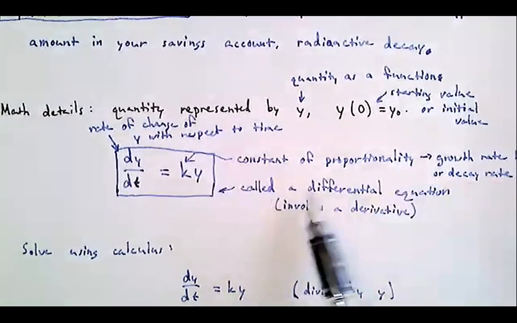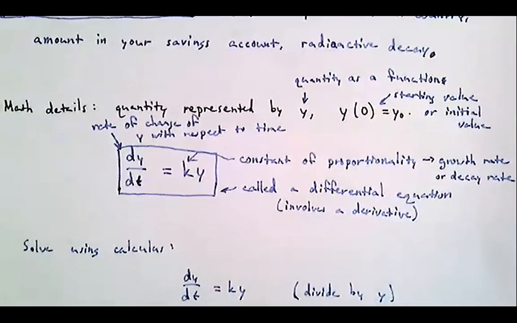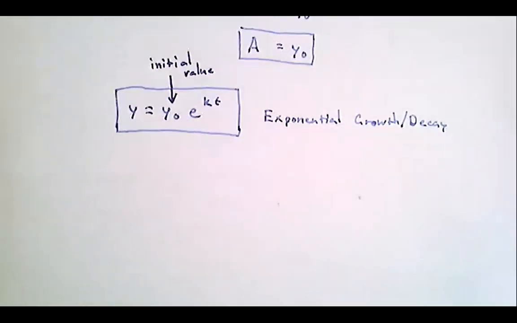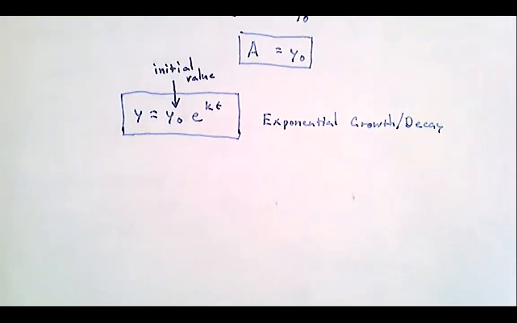So k is the constant of proportionality. Okay, so that's the math behind what we're doing.